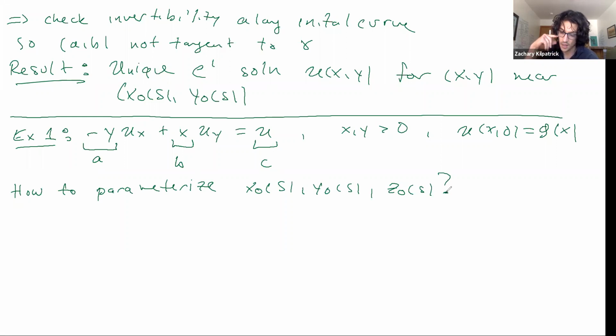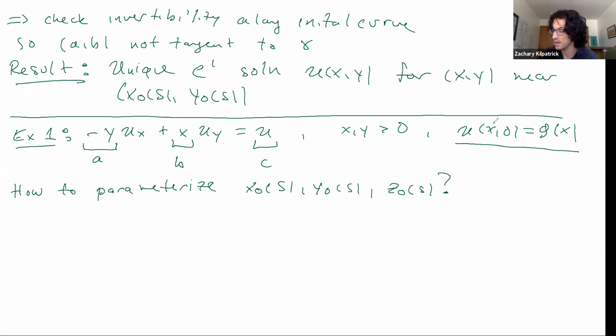Well, in this case, we need to look to our initial condition, okay? And our initial data in this case have that y is 0. So we don't need to really have a parameterized function for y0 of s, because our function y is just going to be 0 along that whole initial data.